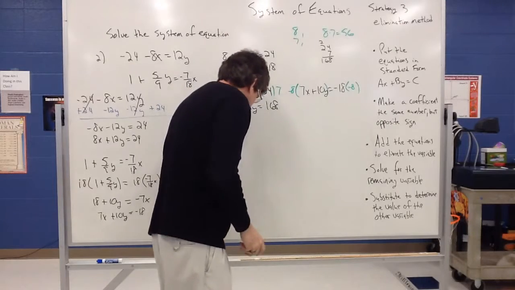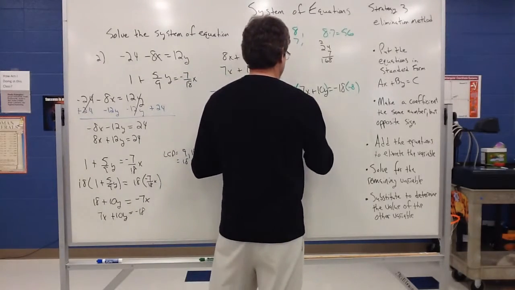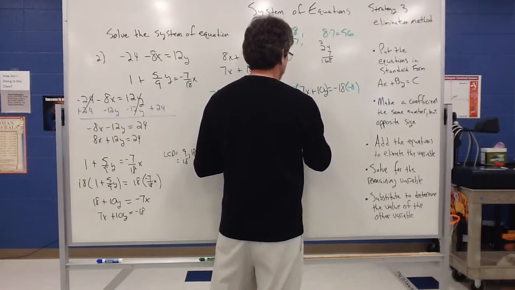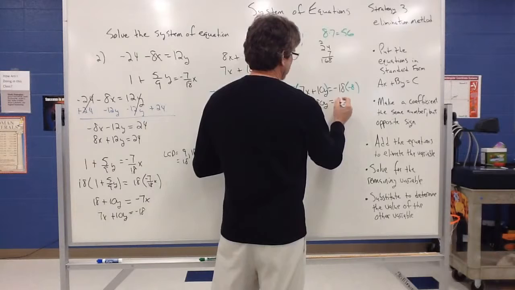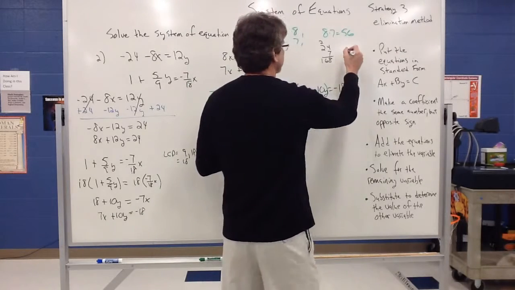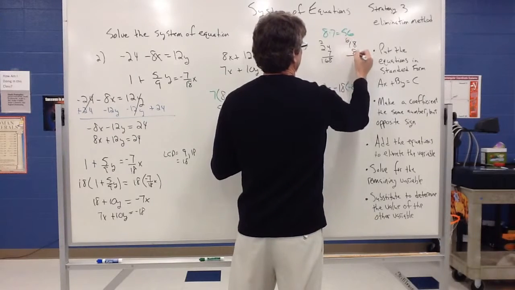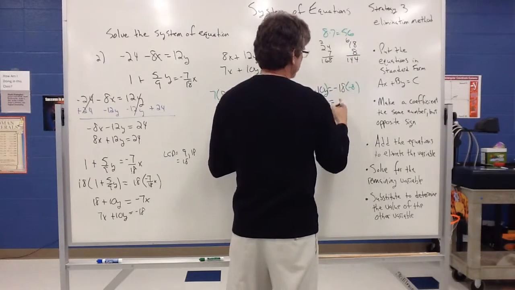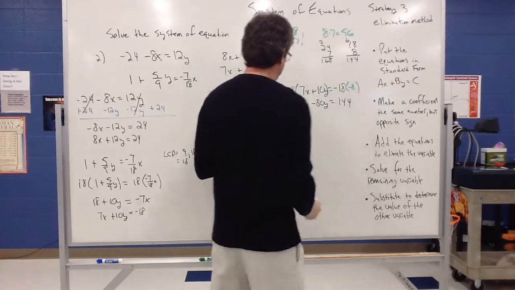Negative 8 times 7 gives me negative 56x. Negative 8 times 10 gives me negative 80y. Negative 18 times 8, I'm not really sure. It's going to be 144. And we know a negative times a negative is a positive, so I'm going to get a positive 144.